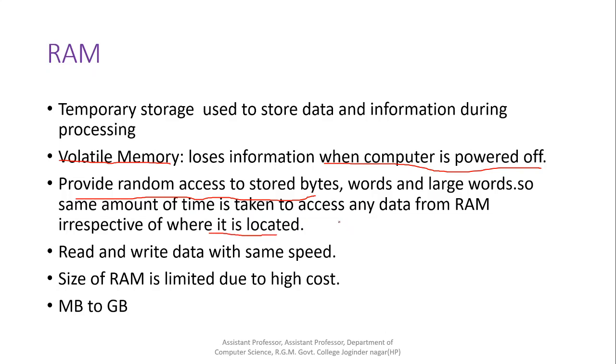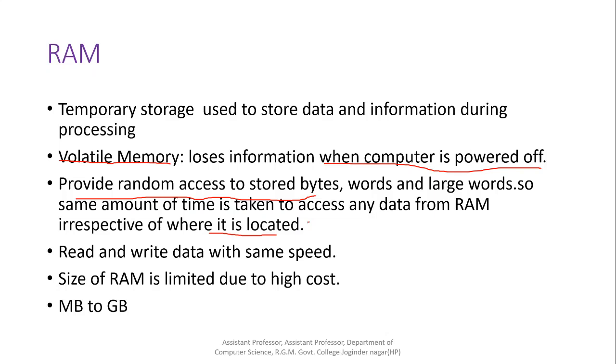Suppose we have 8 GB of RAM, and we want to access data from the RAM. The data is spread all over the 8 GB. If we want to access some data, the same time is taken whether the data is taken from the first byte or from the last block.